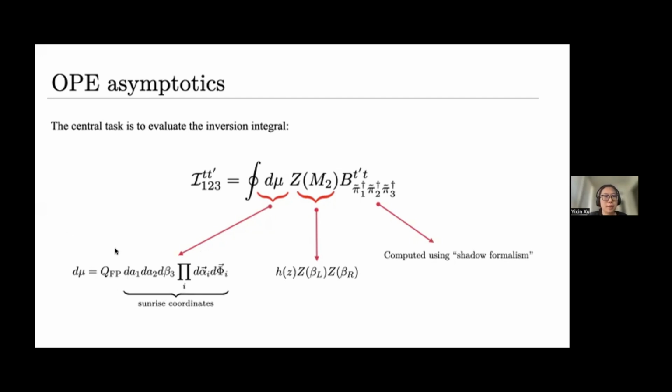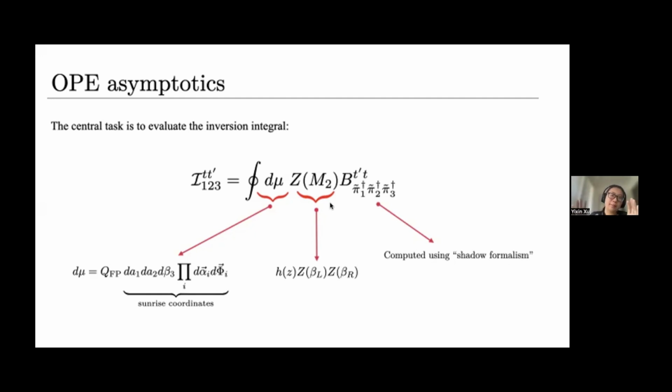But of course, we want to supply an additional Faddeev-Popov determinant. Now, for the genus-2 partition function, we want to expand it using the dumbbell channel expansions, which we also explained in the previous slide. For the genus-2 block, we want to compute it using the shadow formalism. Hopefully, if I have the time, I will explain a little later how to evaluate it using the shadow formalism.